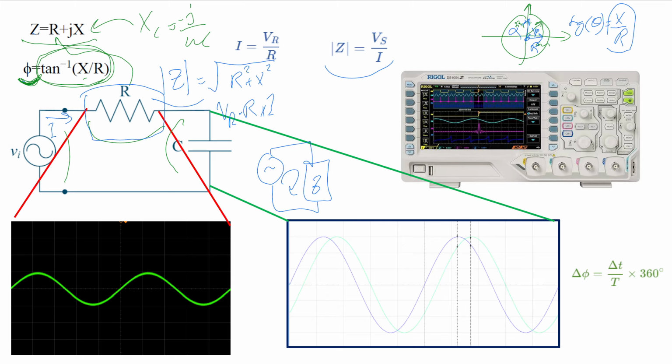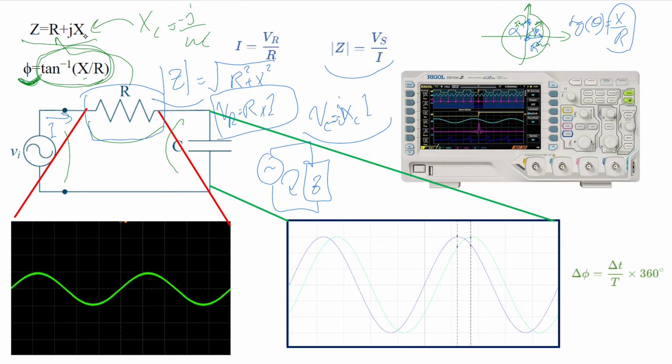This is the VR. And the voltage across the capacitor is going to be X of C times that current. There is a J also here, times that current. So you can basically calculate these two from the R and the current that you find.